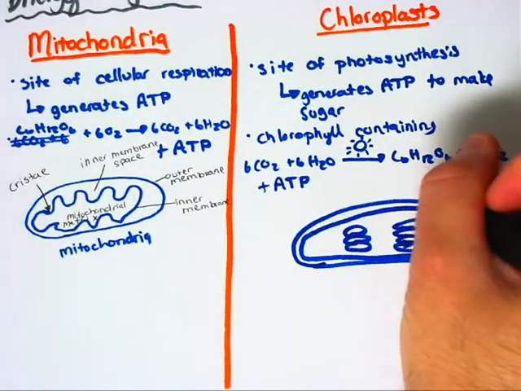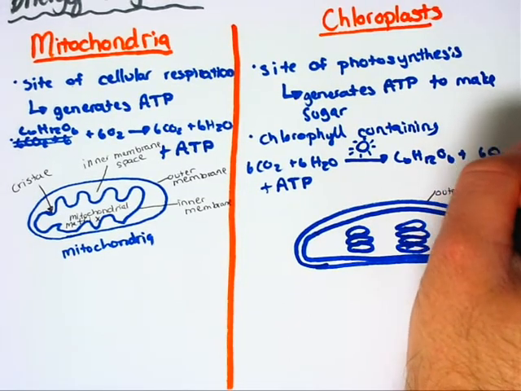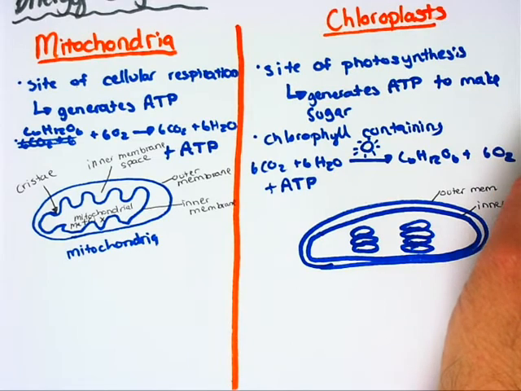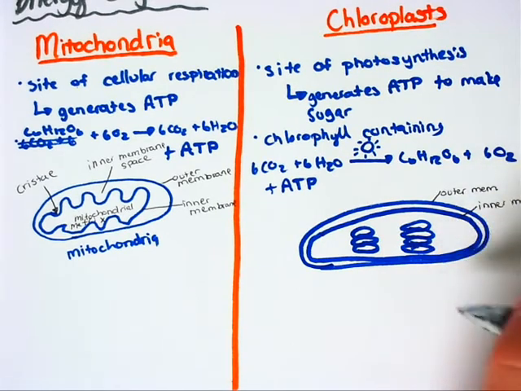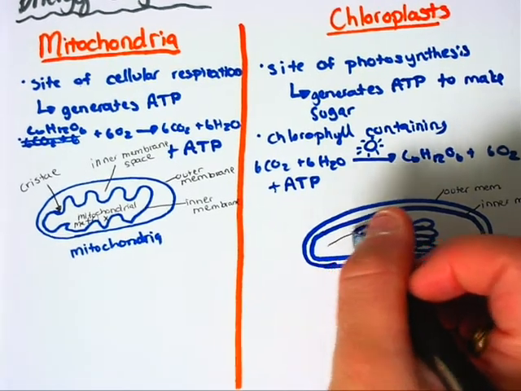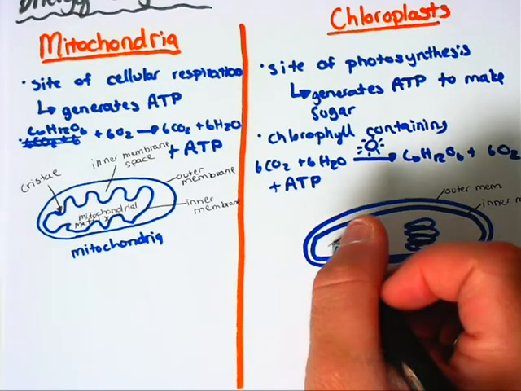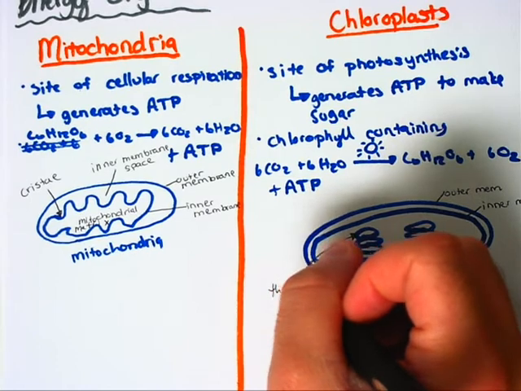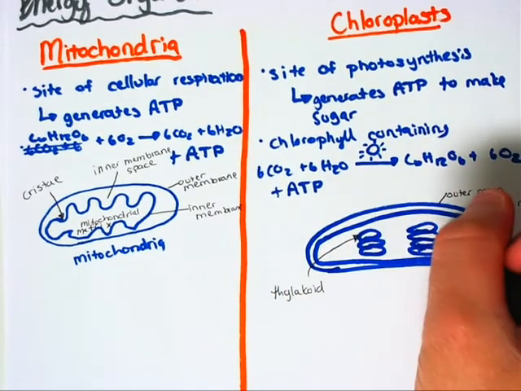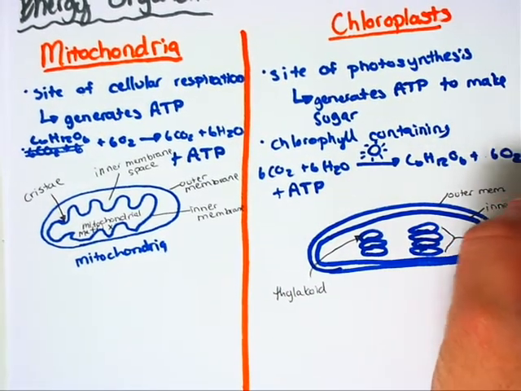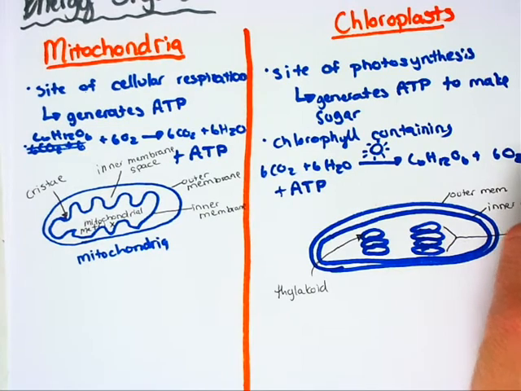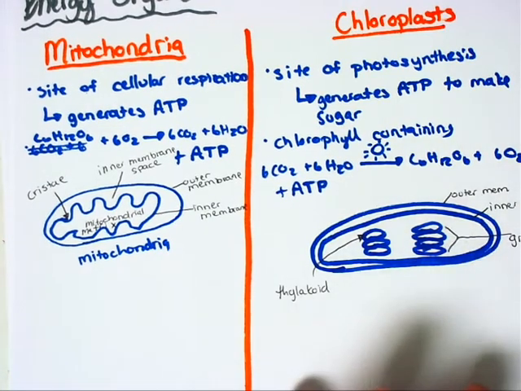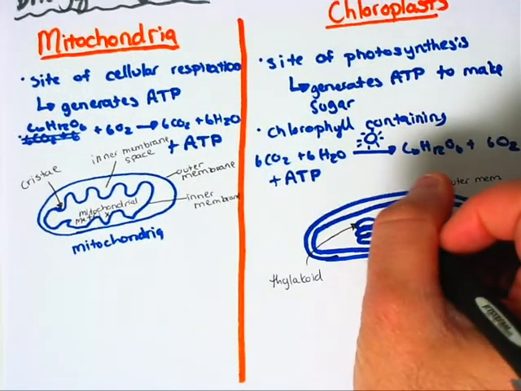Again, there's an outer membrane, there's an inner membrane, and there's the stacks. One single piece, if you will, is called a thylakoid. The entire combination of many thylakoids bound together is called grana, or granum. Many would be grana. And the middle part here is called the stroma.